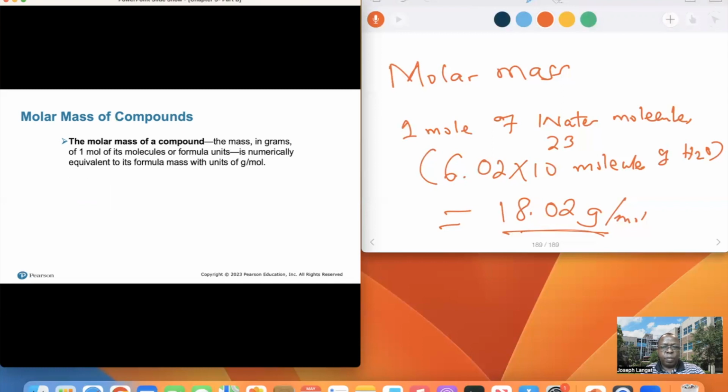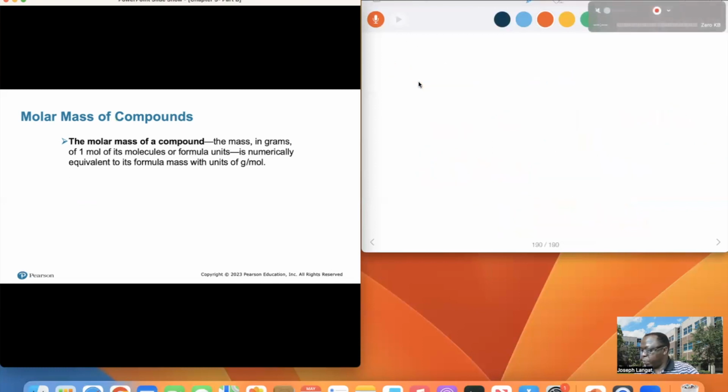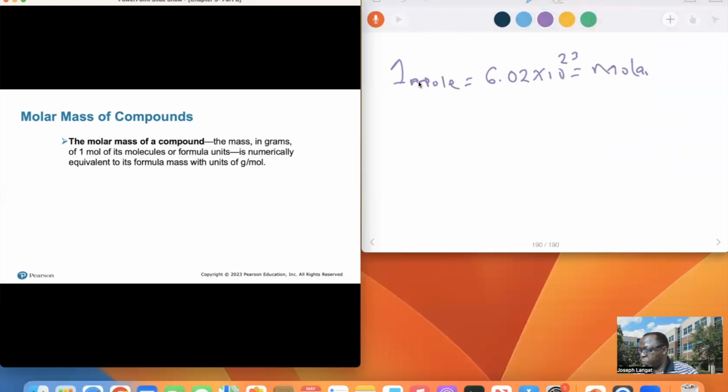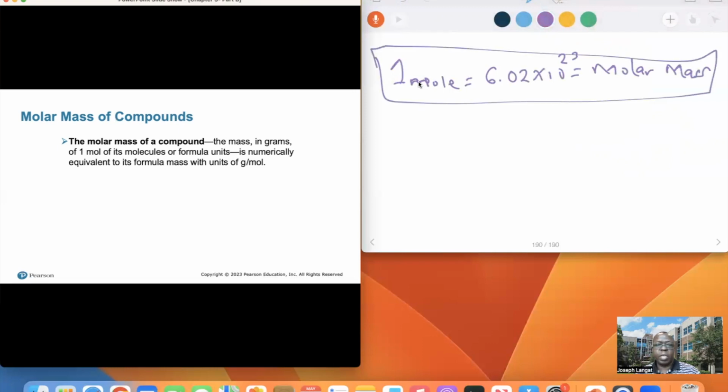So the molar mass of a compound, I just explained that. Here I can say 1 mole equals 6.02 times 10 raised to 23 equals the molar mass. From this, we can have different conversion factors to convert from one unit to another. So the molar mass of a compound is the mass in grams of 1 mole of molecules or formula units.